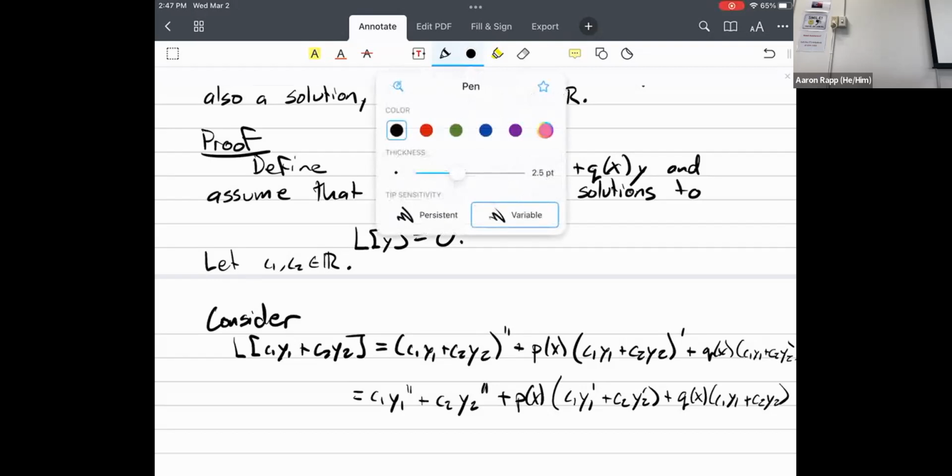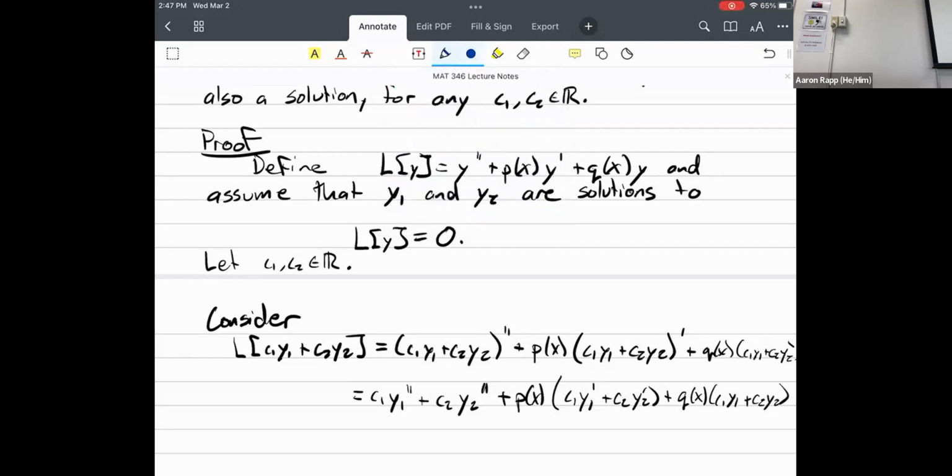Because since I know y1 and y2 are solutions, if I consider that function L, input is y1, what should that be equal to? It's a solution. Should be equal to 0. Same thing with y2.